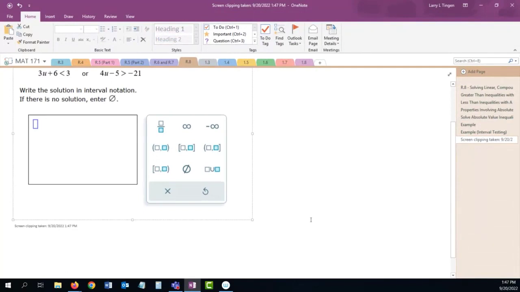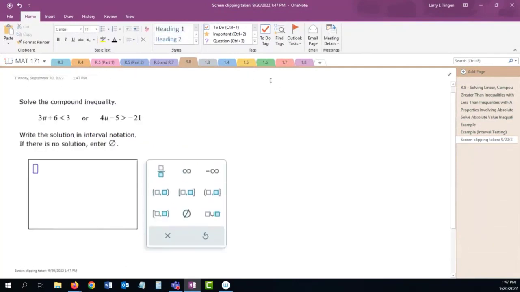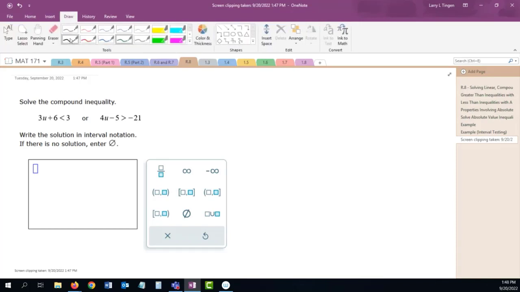Solve the compound inequality. 3u plus 6 is less than 3, or 4u minus 5 is greater than negative 21. Write the solution. So we're going to tackle them both. This is an or, so I got to get after both of them here. 3u plus 6 less than 3.